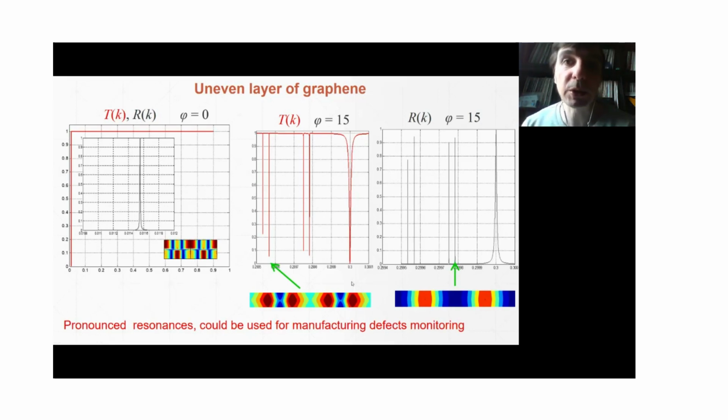Having this pronounced picture of resonances for uneven surface suggests an application. It could be used for detection of defects in production, when instead of a flat structure we get something with uneven surface, and we could immediately tell that there are these defects by having much more resonances than for a flat structure.